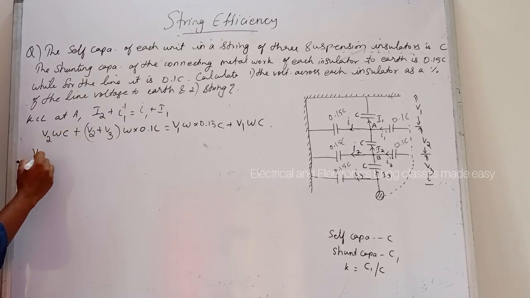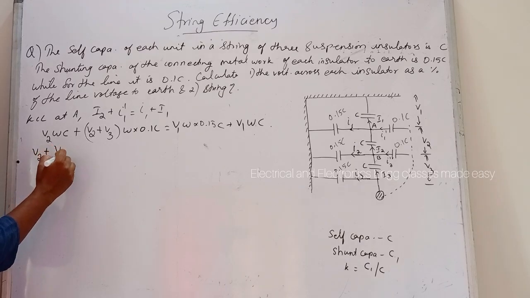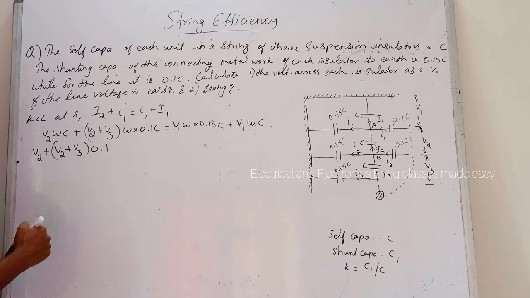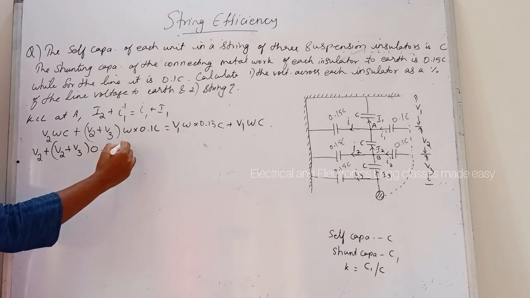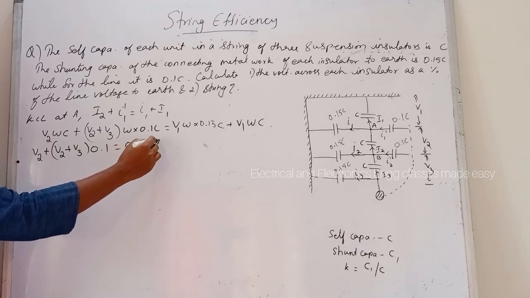Then we will get (V2 plus V3) into 0.1 equal to 0.15 V1 plus V1.